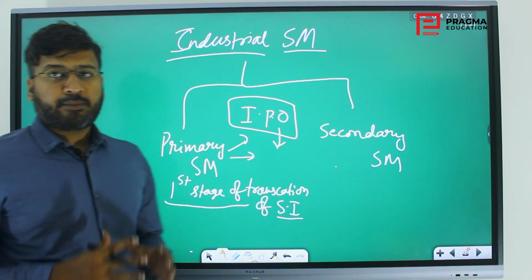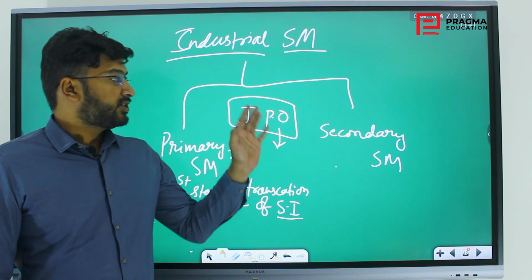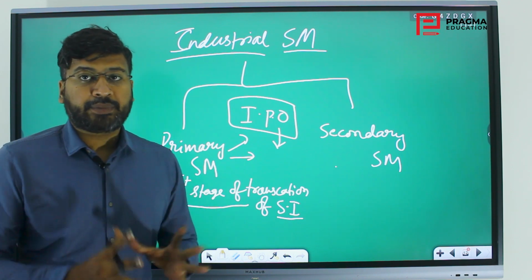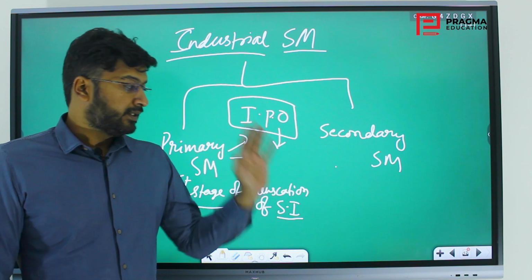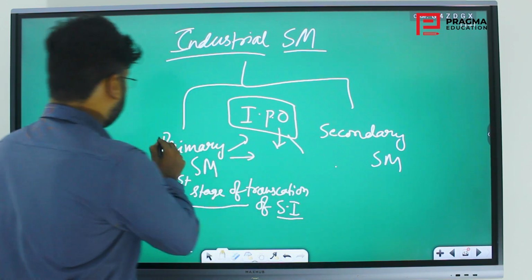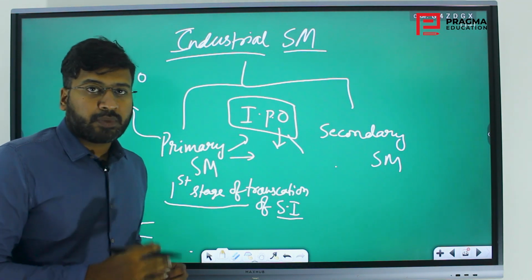Whenever we say that a company is going public, it means that it is being enlisted in the stock exchange of that country and it is raising funds from the public, that is capital, to run their business. That is the primary market. Other instruments in the primary market include FPO, follow on public offer.